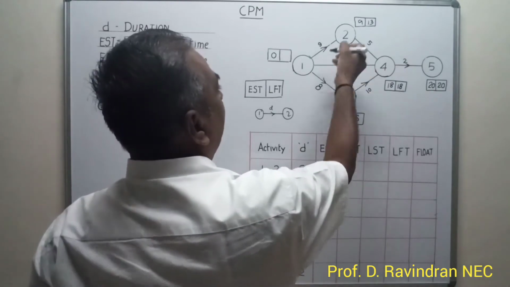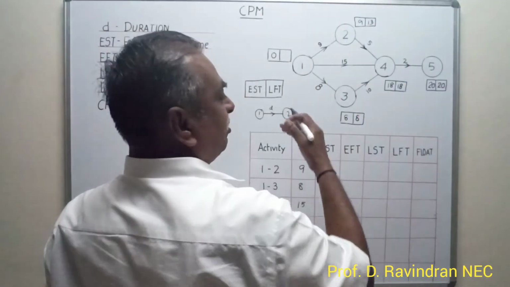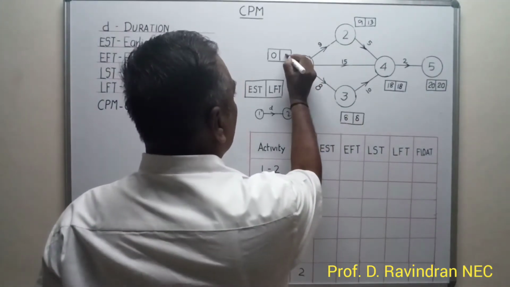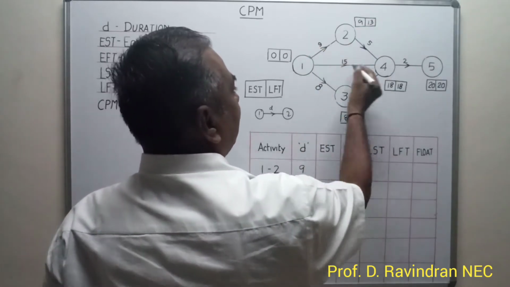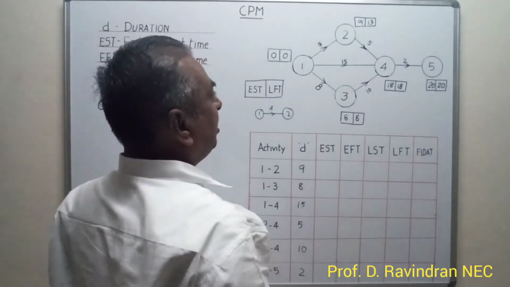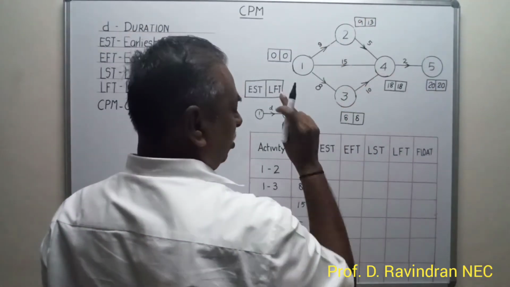In all the paths, we have to put the minimum value in the backward pass method while filling LFT. So 8 minus 8 is 0, whereas this side path is 4, this side path is 3, and this side path is 0, so 0 has to be filled here. Now we have filled up the earliest starting time and latest finishing time of all the nodes.